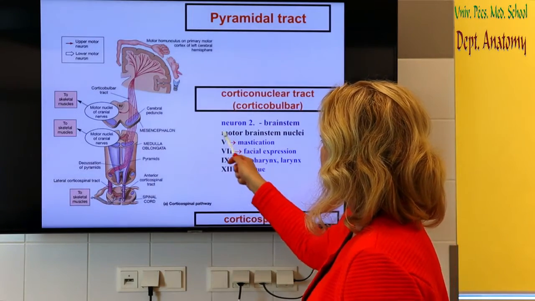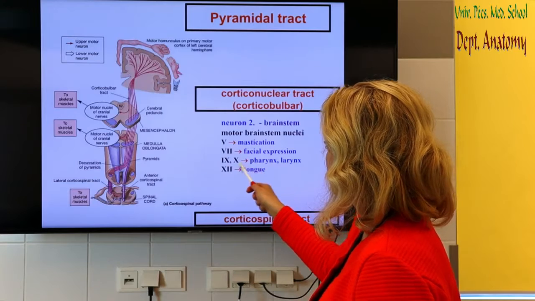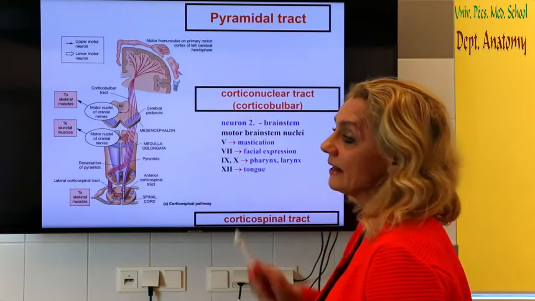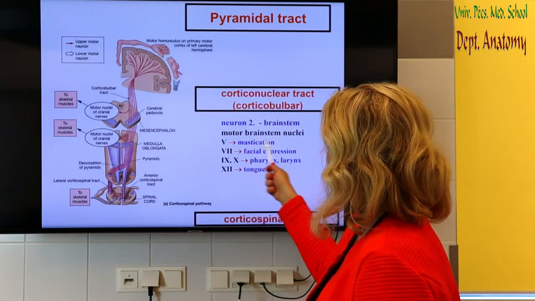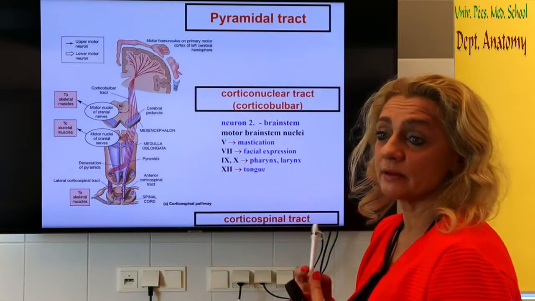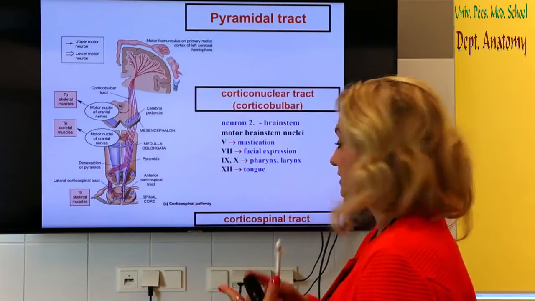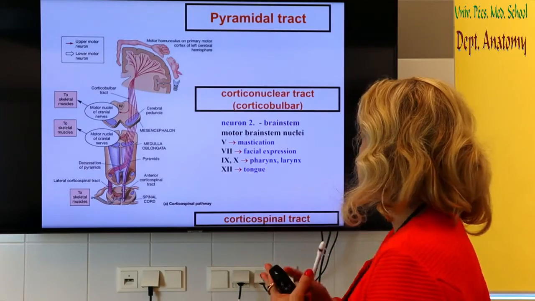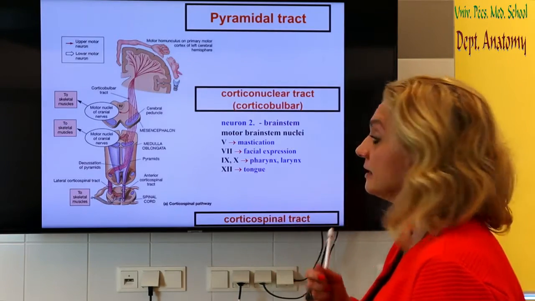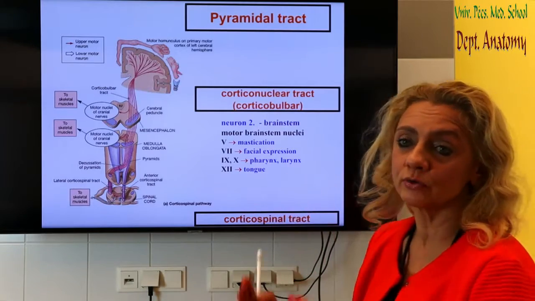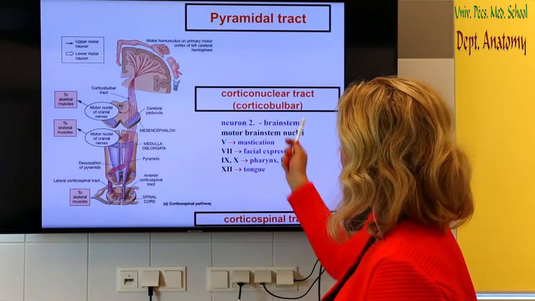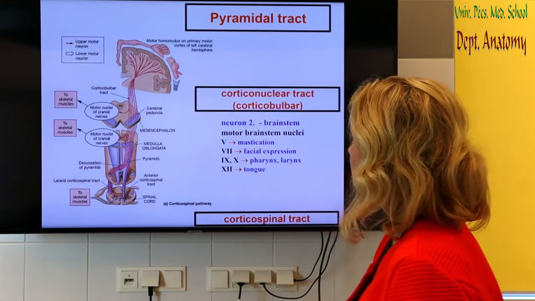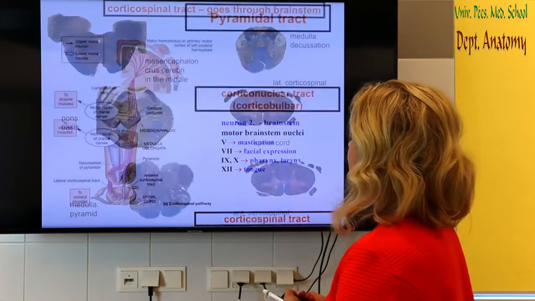These motor nuclei are the trigeminal, the facial, glossopharyngeal, vagus, and the hypoglossal nuclei, which respectively innervate the muscles of mastication, facial expression, larynx, pharynx, and tongue. These obviously need a supranuclear innervation too, and this is the corticonuclear tract, also called corticobulbar tract.